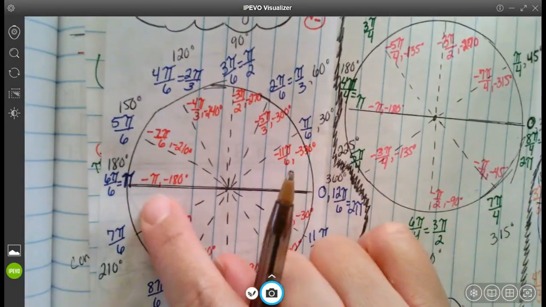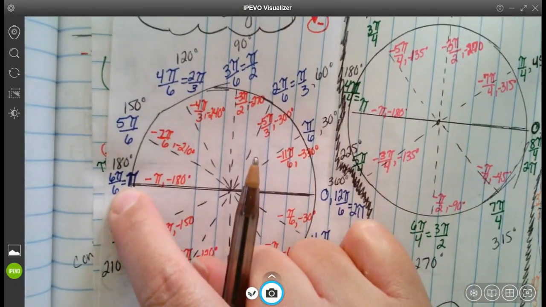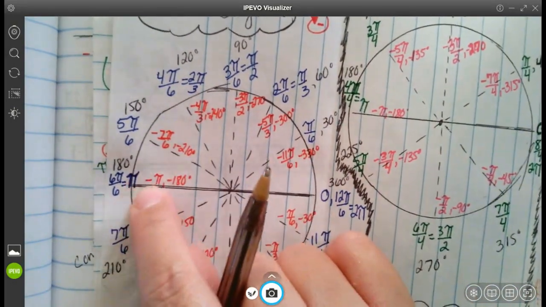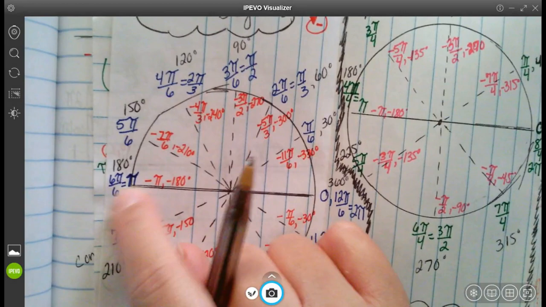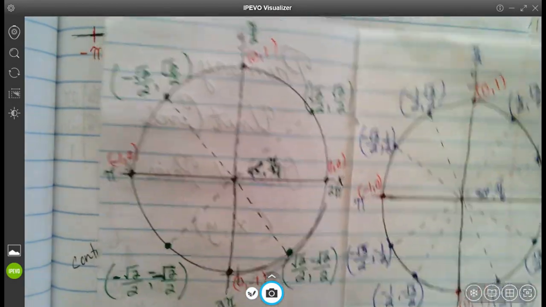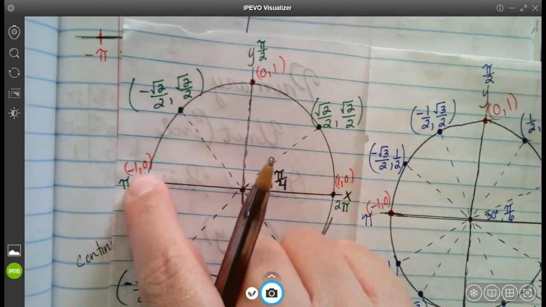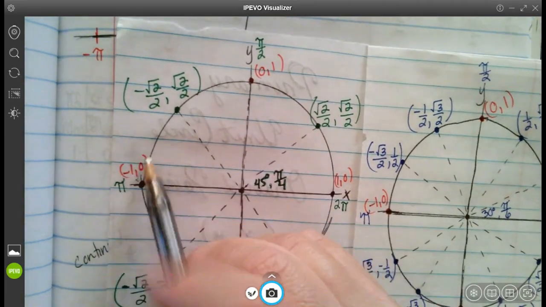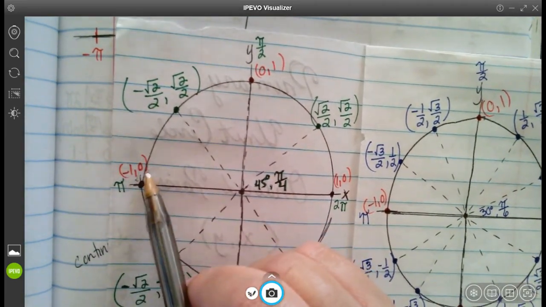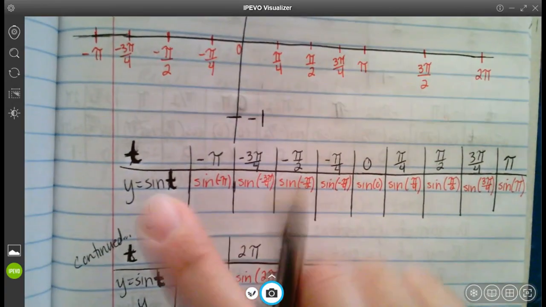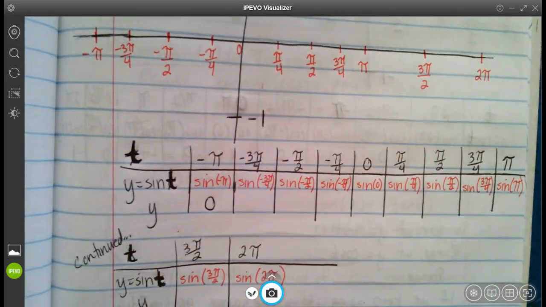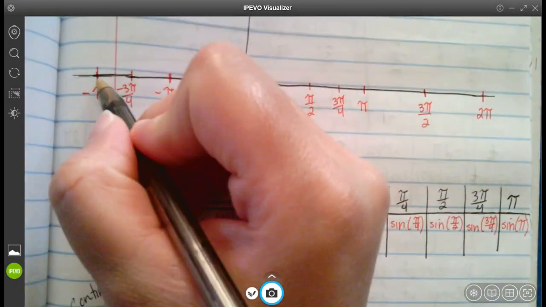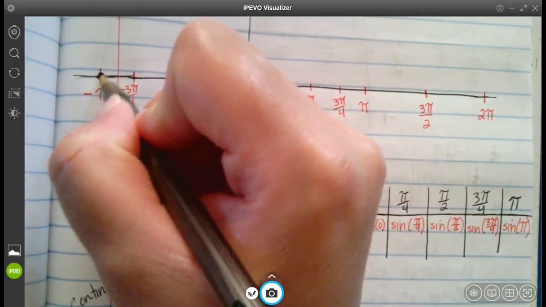We know that negative pi lands in the same spot as pi, because if you go backwards, this is still the halfway point. So negative pi is going to be right here. If I compare that to this right here, my y value is 0. So the very first one is going to be 0. And I'm going to plot that up here. So at negative pi, my point is 0.